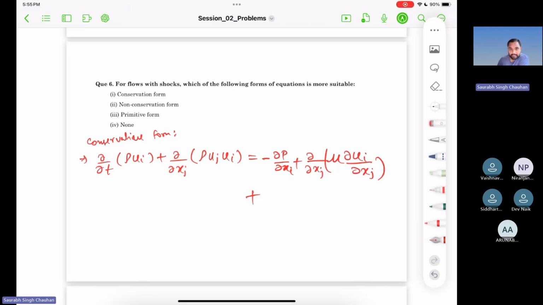Then there is another, the bulk viscosity term, with lambda plus mu, del by del xi of del uk by del xk.